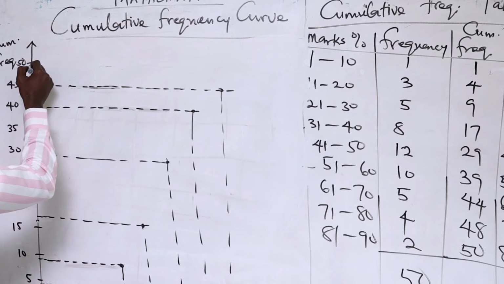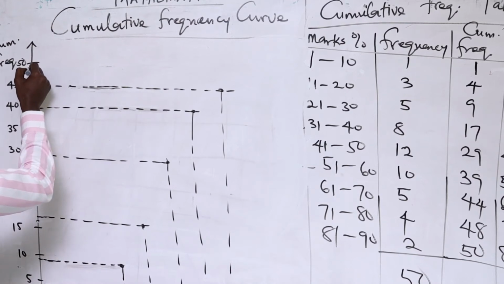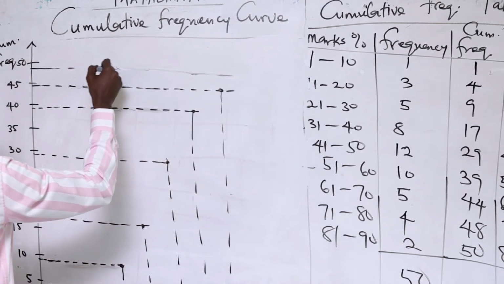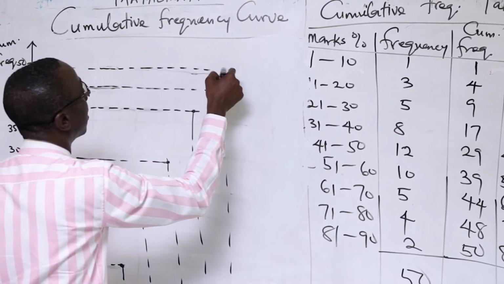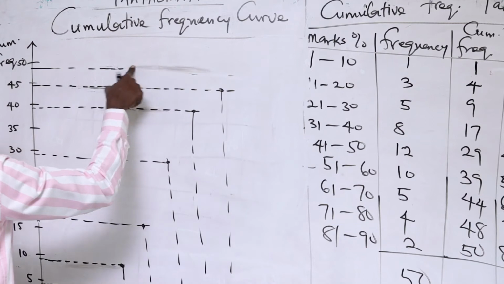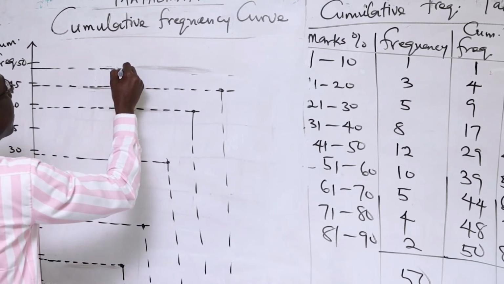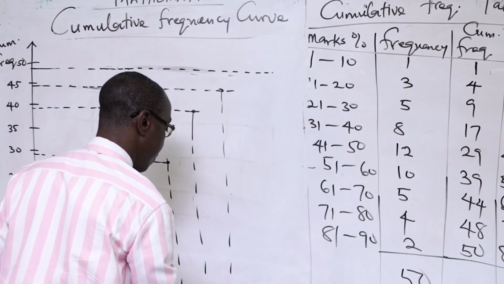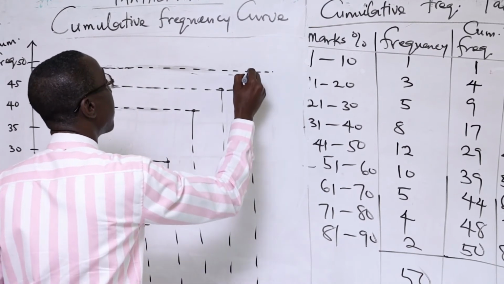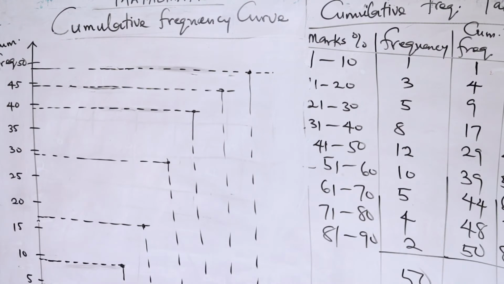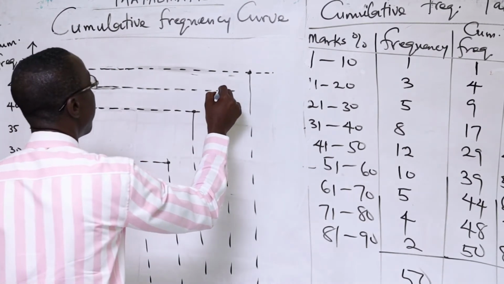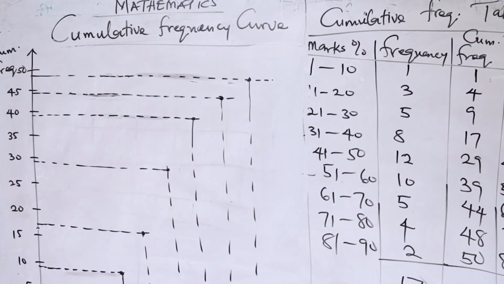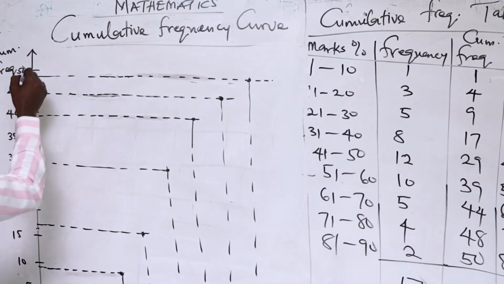From 50. 4 O's down from 50. Because 2 O's gives you what? 1. Then 90.5, that is our 50.